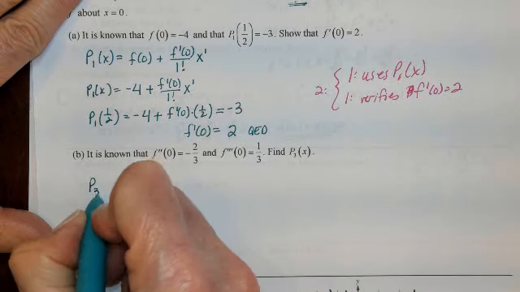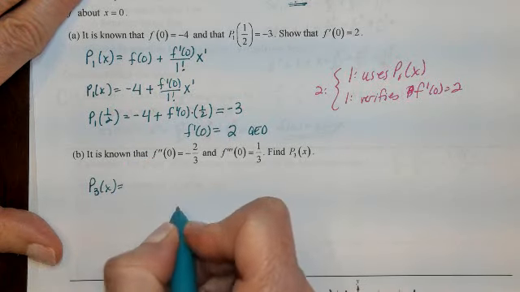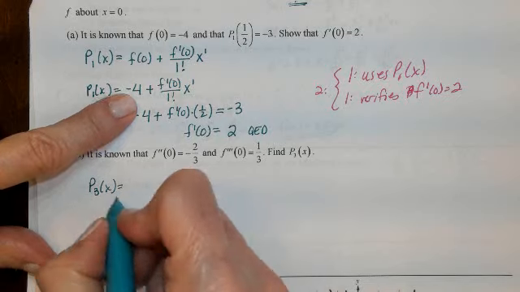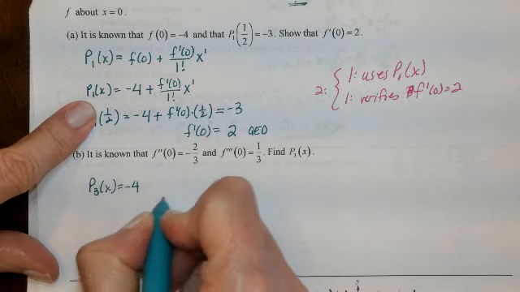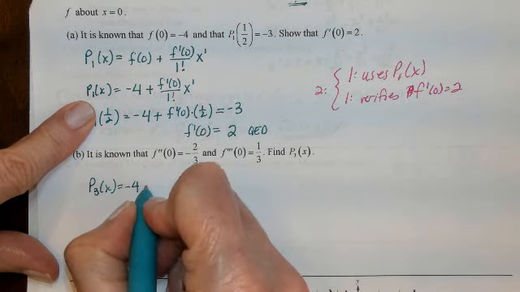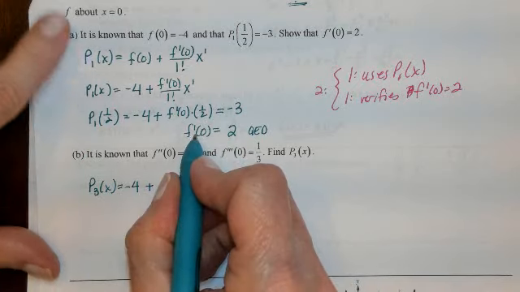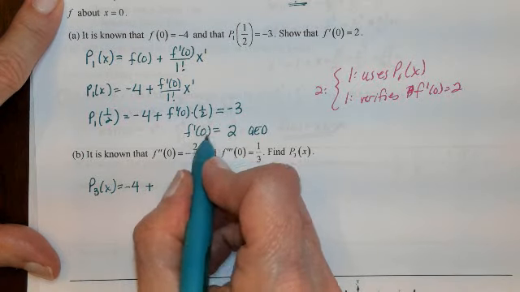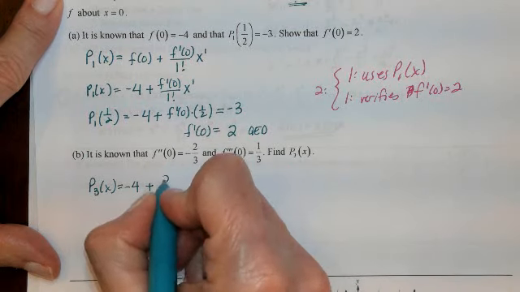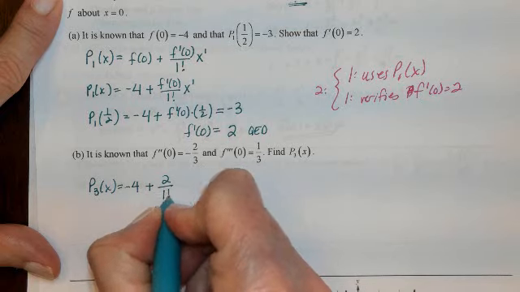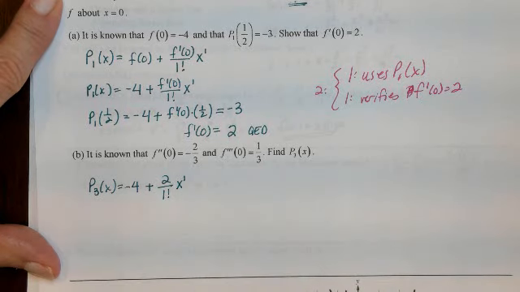So the third degree Taylor starts off with this -4, f of 0, and then we need the first derivative at 0, which is 2, over 1 factorial times x to the first, right?